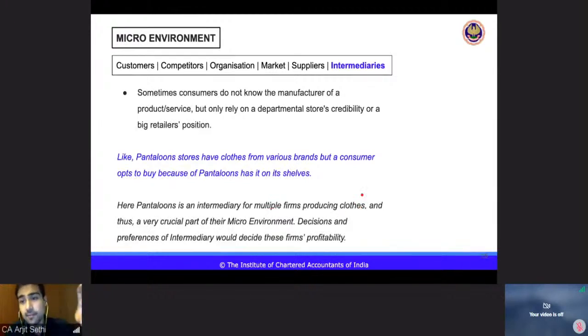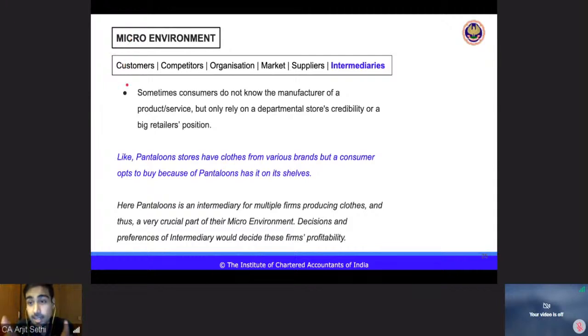There are XYZ kurta brands, there are XYZ shirts. You have 10 different shirt companies hanging in a Pantaloons. So all those businesses are putting their product in an intermediary's store because the intermediary has more value. And this intermediary forms part of your micro environment.